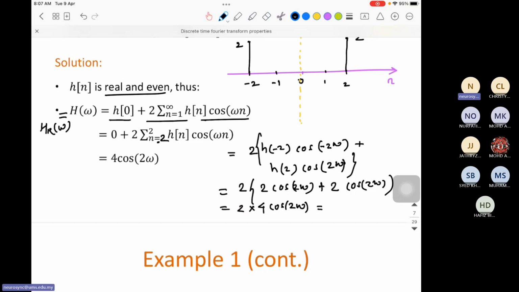Correct, no? So I should get the output 8 cos of 2 omega. Yes, the output should be 8 times cos of 2 omega.